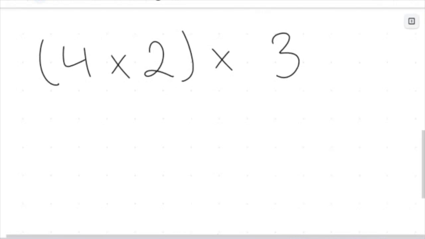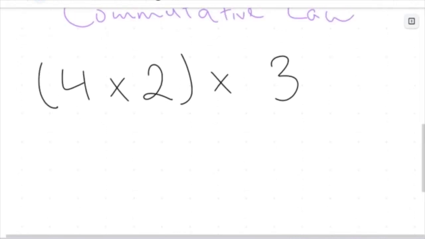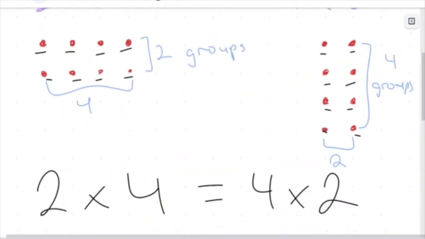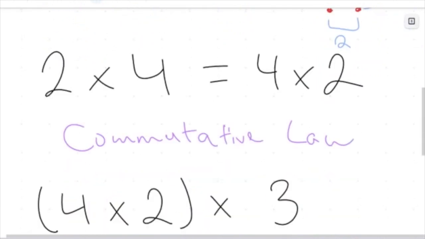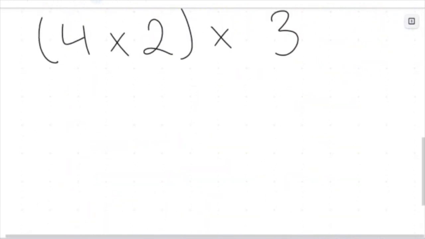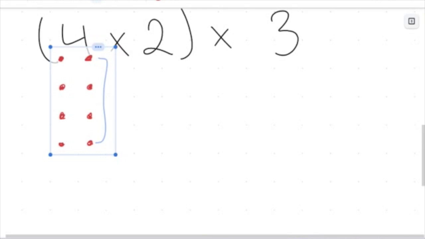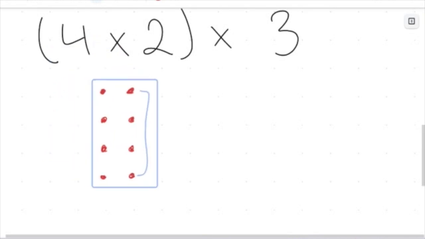Okay, so 4 times 2, I'm just going to copy and paste this one I had here, because I can't be bothered drawing this out again. So if I copy paste this thing here, okay.